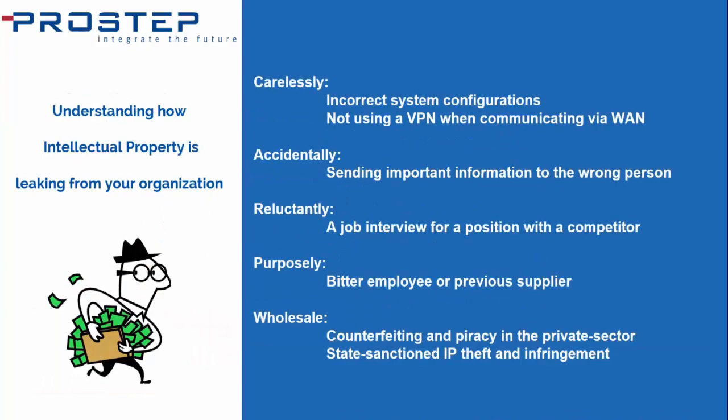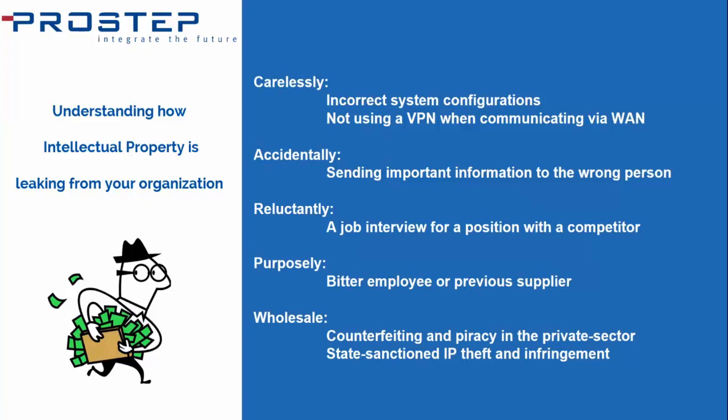How is some of your intellectual property being lost through your organization? And there's a multitude of different items that could play a role here. Simple carelessness, right? Somebody not using VPN as an example to communicate across partners.